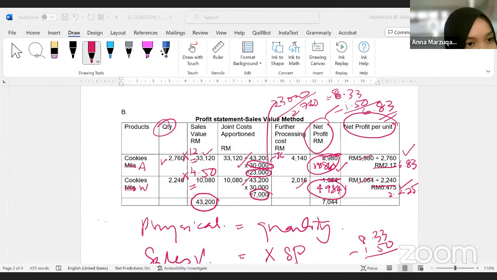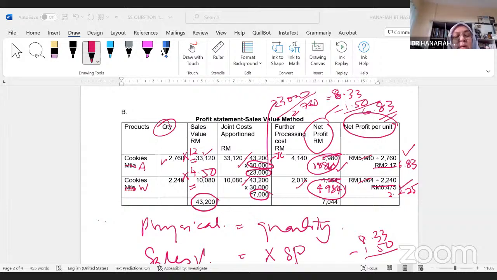But based on your statement, for the market value method, we have two methods, especially if not solved at the split point. So how do we determine that we use the split point, and how do we determine the split point?